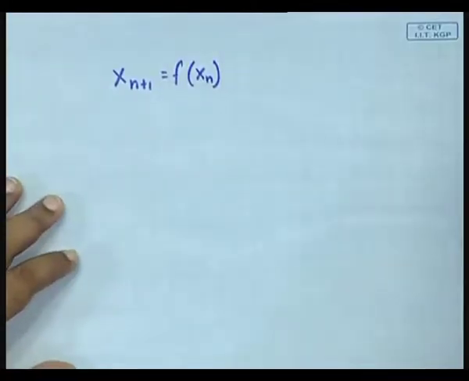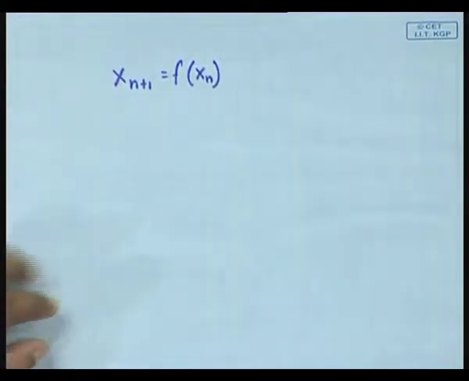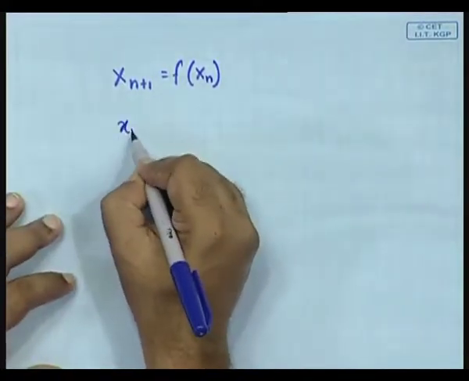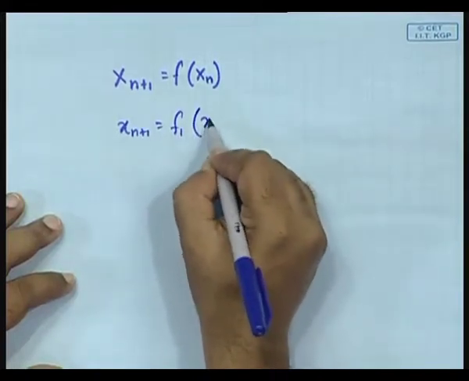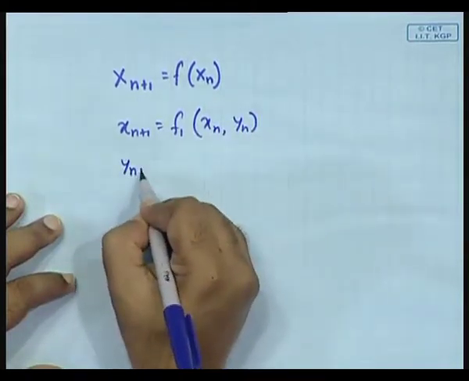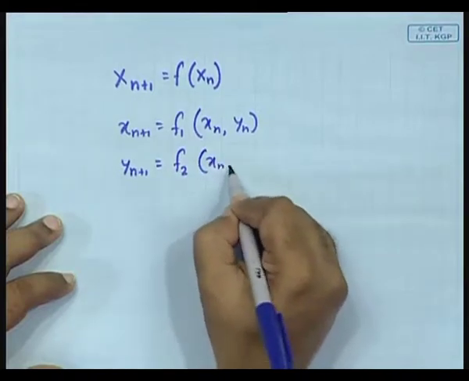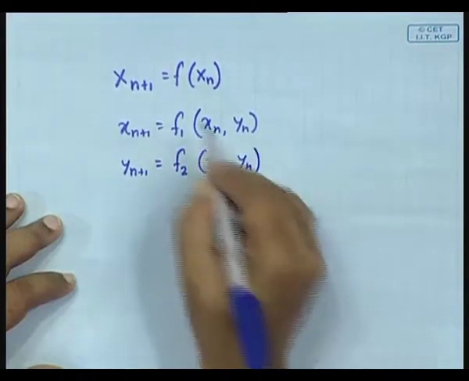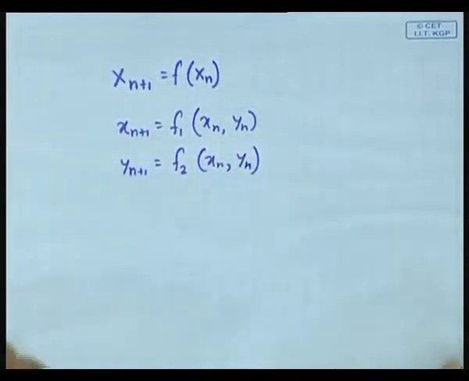Suppose this is a two-dimensional system as I have depicted there. In that case, it will be x n plus 1 is equal to some function f 1 of x n and y n, and y n plus 1 is another function of x n y n. Here these are the vectors. Now, I have written in individual scalar terms.